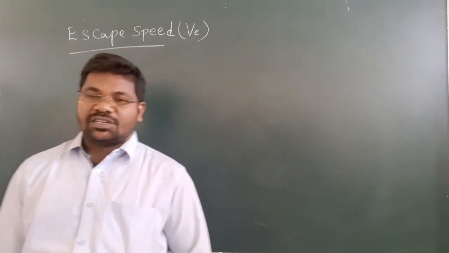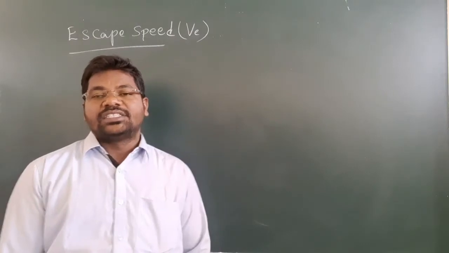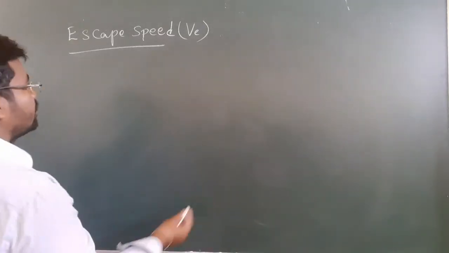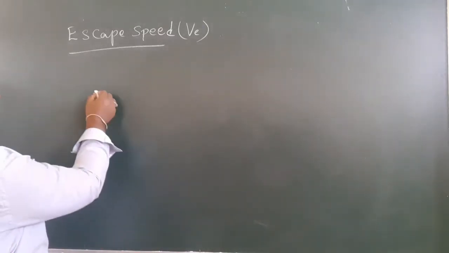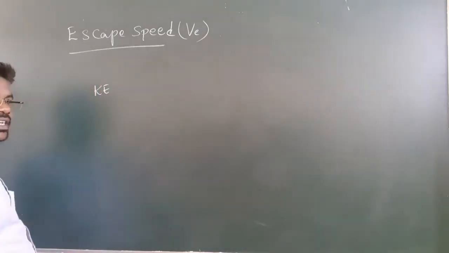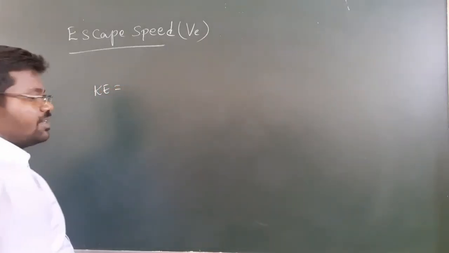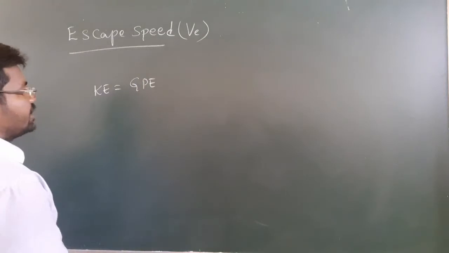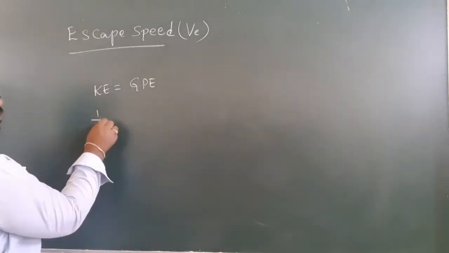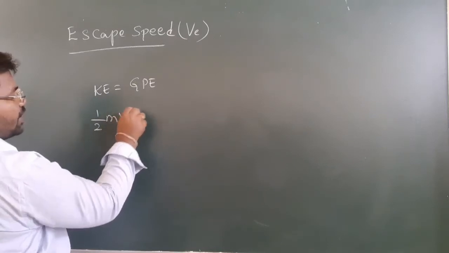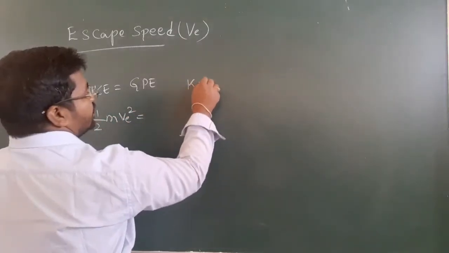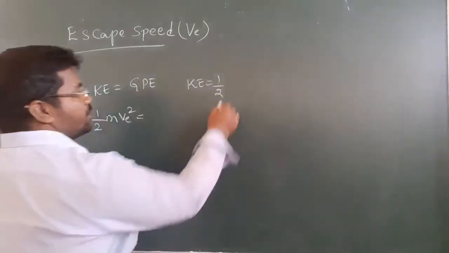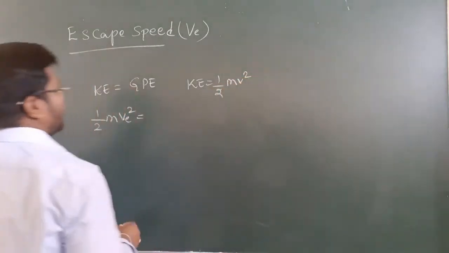Coming to the derivation of escape speed: we take the kinetic energy equal to the gravitational potential energy, taking the magnitude. Kinetic energy, which a body has by virtue of its motion, is 1 by 2 m v square.